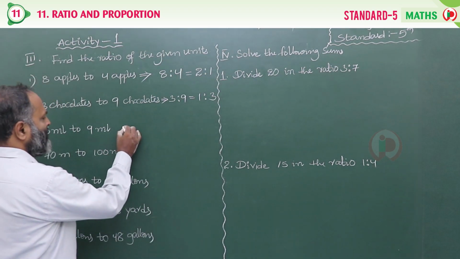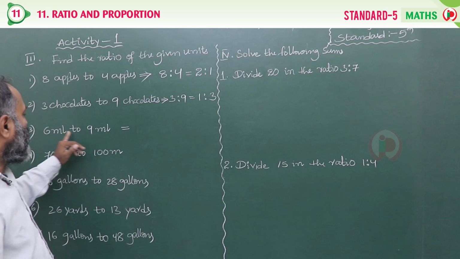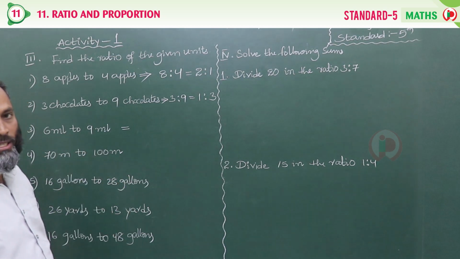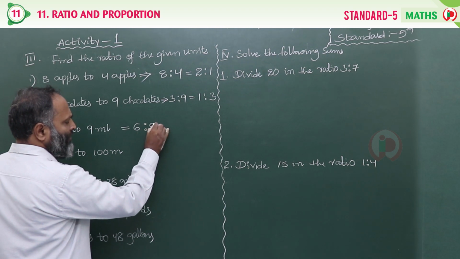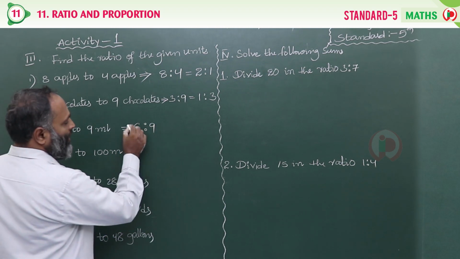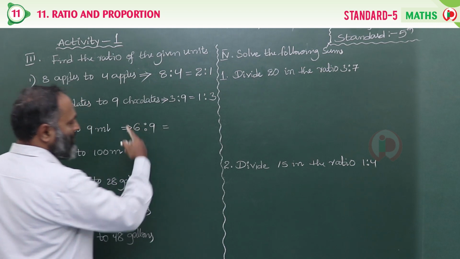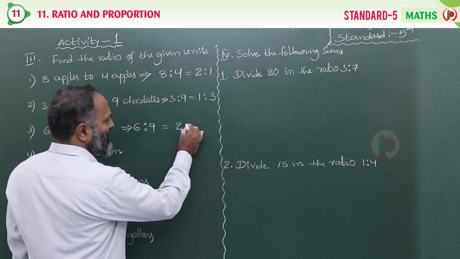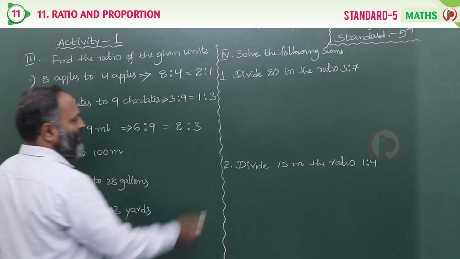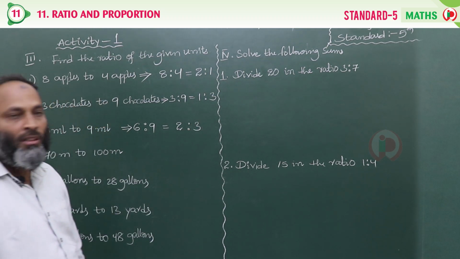Now 6 ml to 9 ml means 6 is to 9. Cancel in the 3 table: 3 2s are 6, 3 3s are 9, so 2 is to 3.